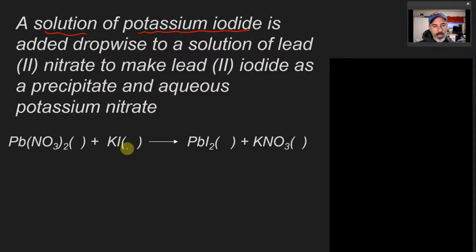So right here, what state symbol goes for potassium iodide? It's aqueous, that's true. It's added to a solution of lead nitrate. That's aqueous too. To make lead iodide as a precipitate, we're going to see what that means. That's a new word. And aqueous potassium nitrate. So that's aqueous as well. It's a solution. I don't think we're ever going to see this. I think these are all going to look like clear solutions because it's just salts dissolved in water.